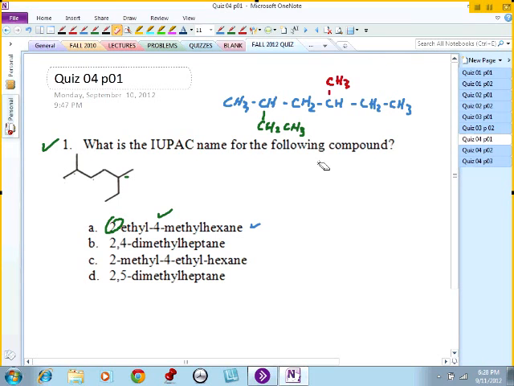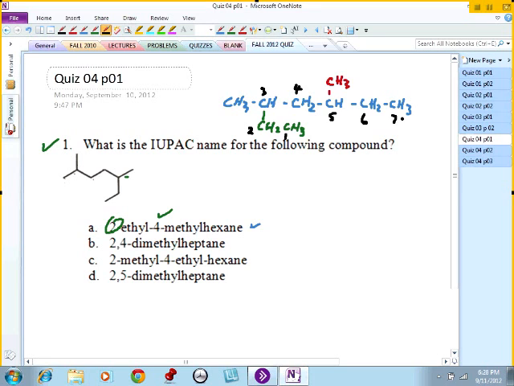What is the longest carbon chain? Where do you start counting? Here? Okay, say carbon 1, 2, 3, 4, 5, 6, and 7.